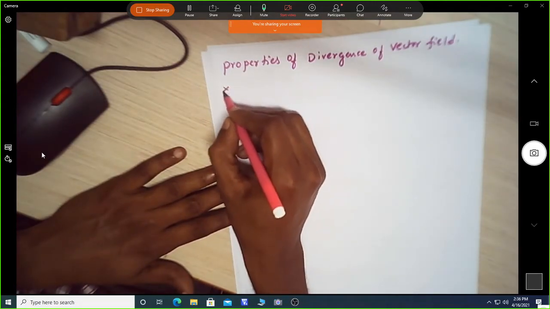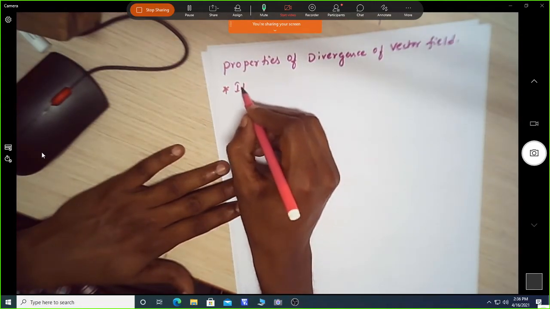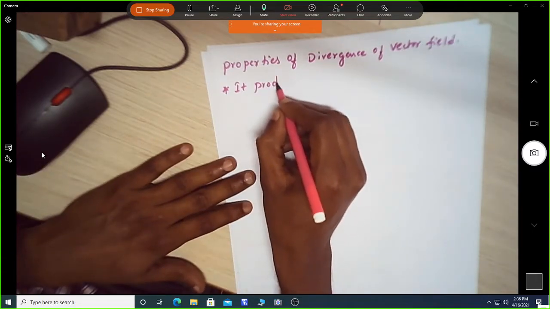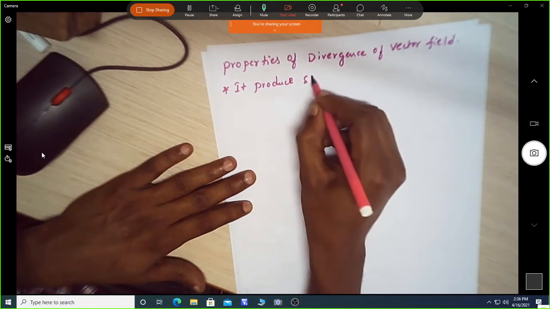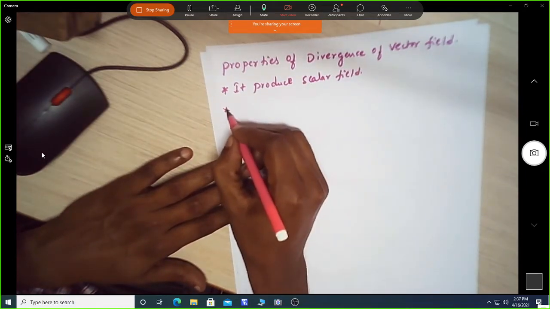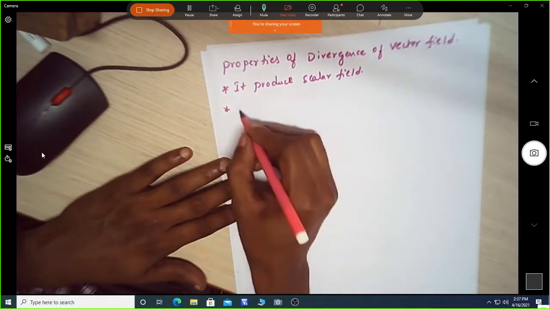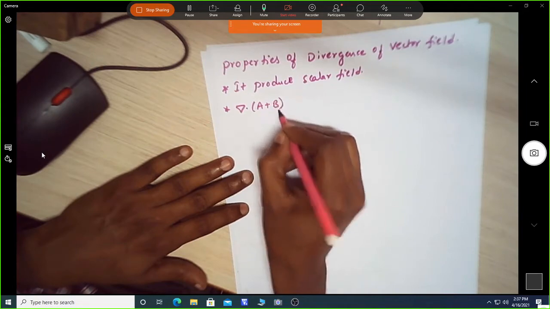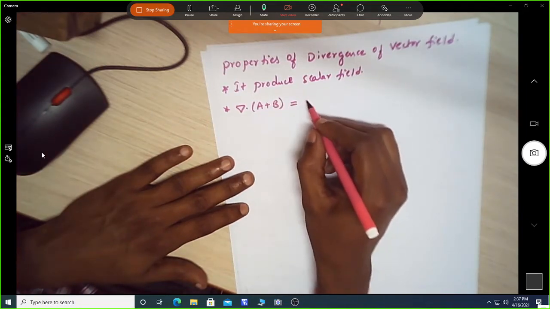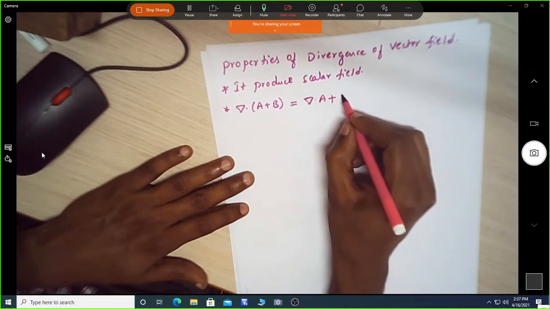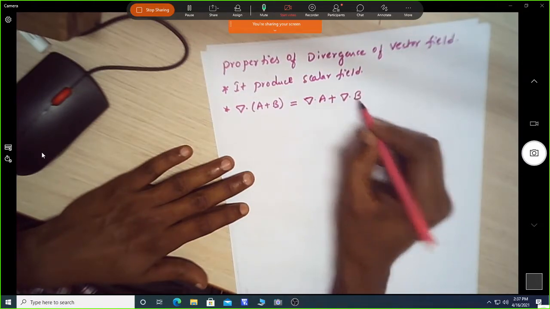As I said, it produces a scalar field. When I operate the divergence on a vector, it produces a scalar quantity or scalar field. Next, if I operate on two vectors, del dot of A plus B, it operates individually on each vector, that is del dot A plus del dot B.